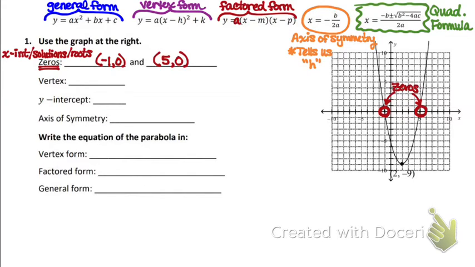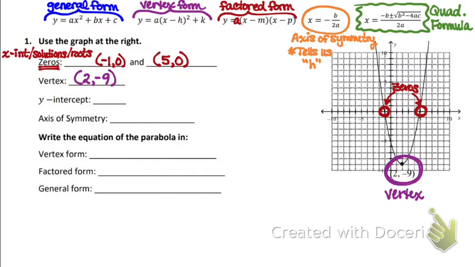Where is our vertex? 2, -9. Right down here is our vertex. Where's the y-intercept at? 5.